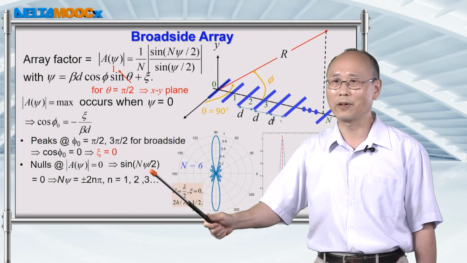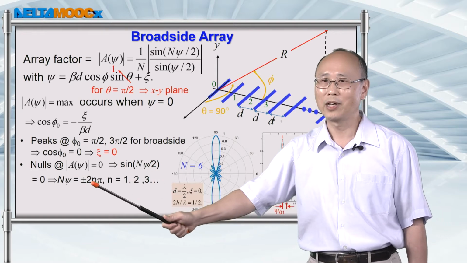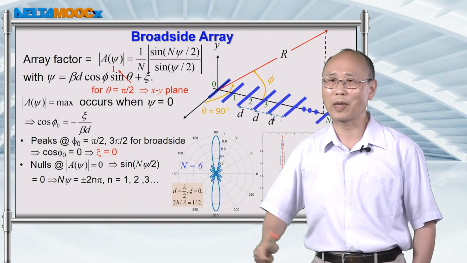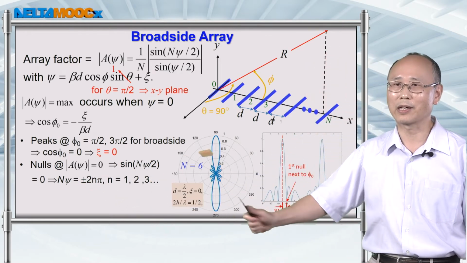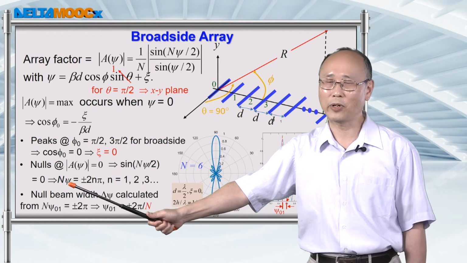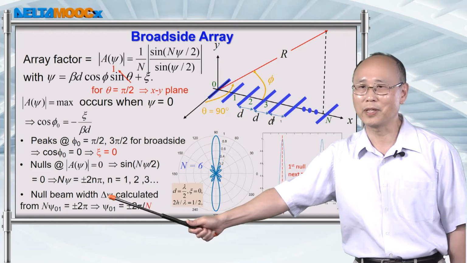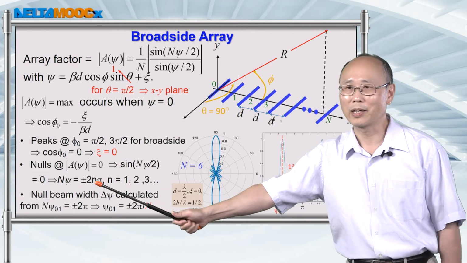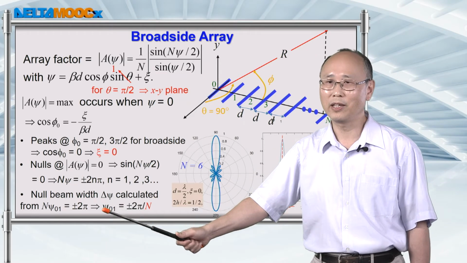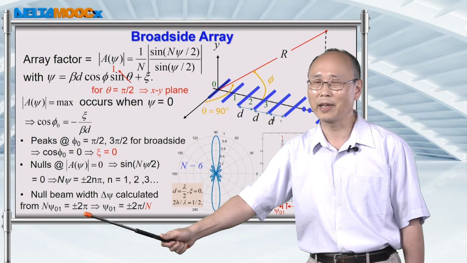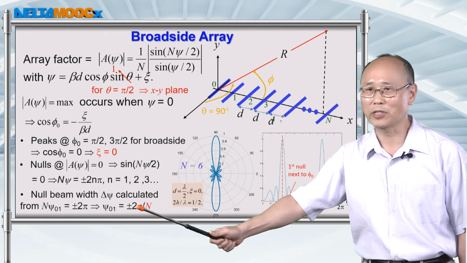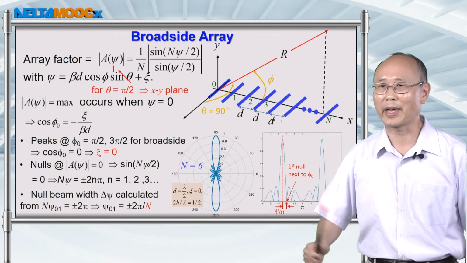So the argument of this sine function will have to be equal to plus minus 2n pi, where n is an integer. And the separation of the two nulls is going to be equal to 2 pi. If you take this delta psi equal to plus minus 2 pi, you'll be able to calculate the width of this beam, which is given by 2 pi divided by N.